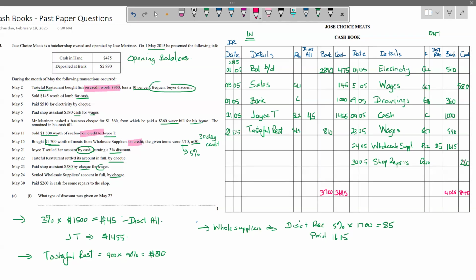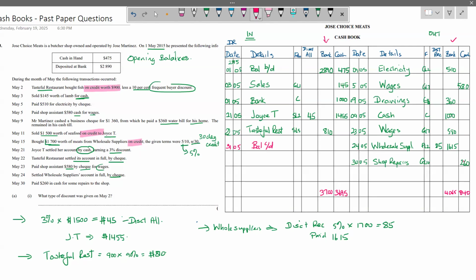When we compare our bank columns, I have 3,700 on this side and I have 4,065 on this side. So this is my larger side, right? So it means that this column here is where my balance carried on is going to be. And the balance carried on figure, right? This is happening on the 31st of May.